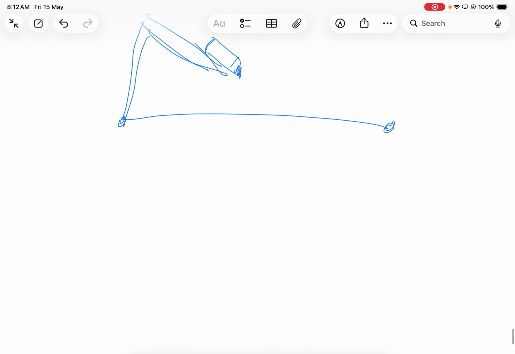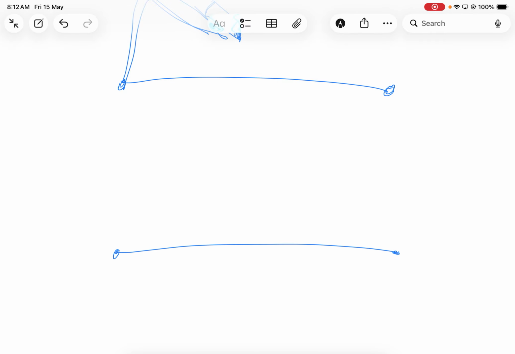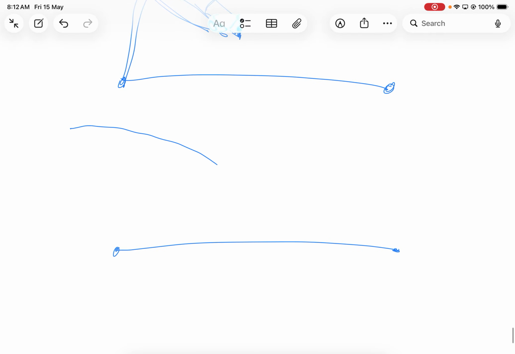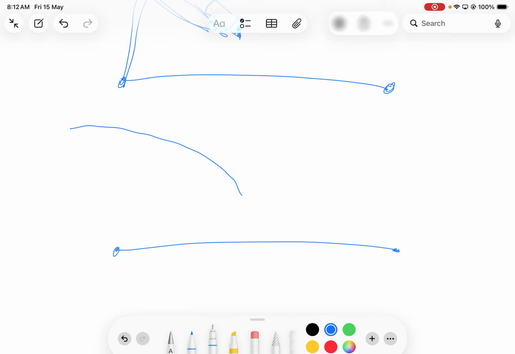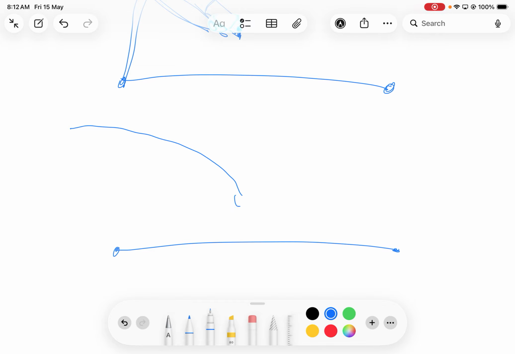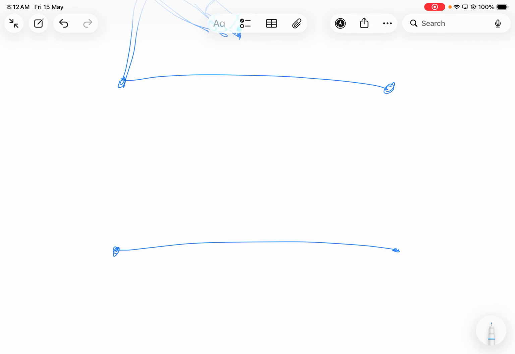I can draw a circle around this point. Sorry, let me draw bigger. So this is like my center, and I can draw a circle.